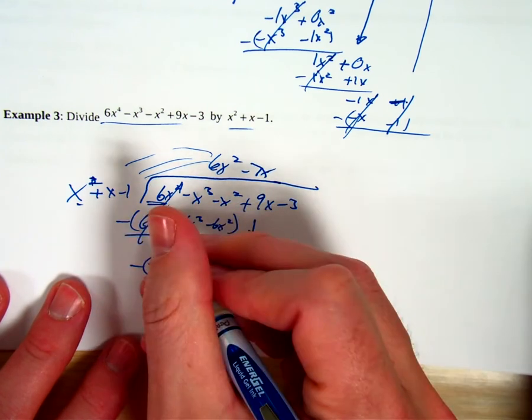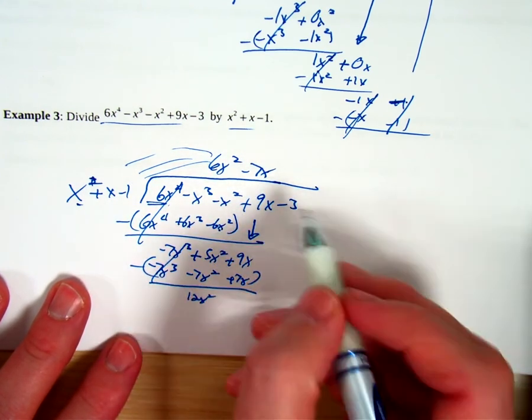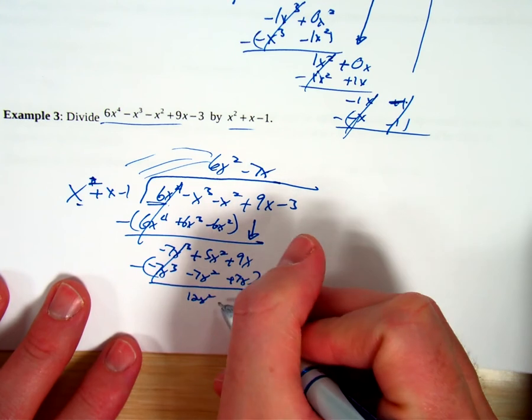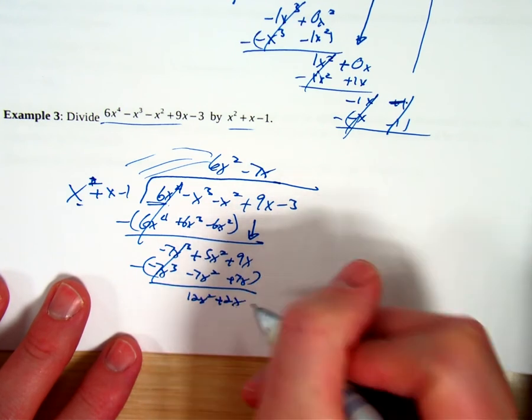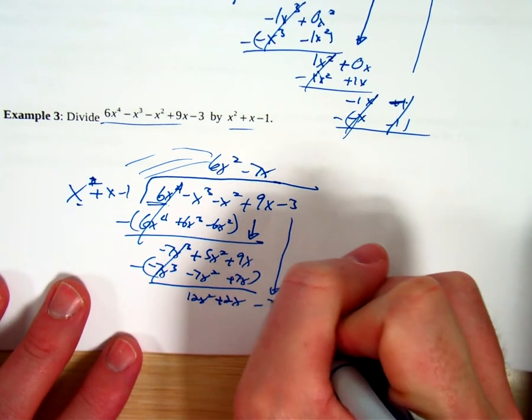Just a plus 7x. I couldn't read that. 9x minus 7x is going to be plus 2x. Bring down your minus 3.